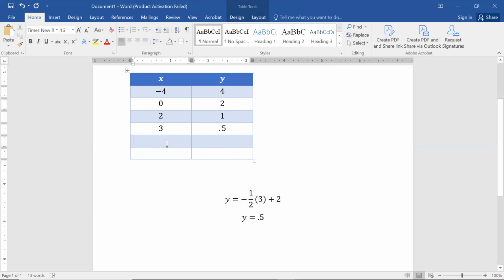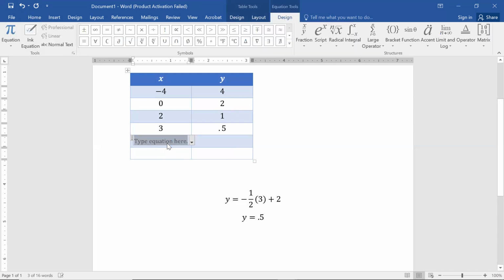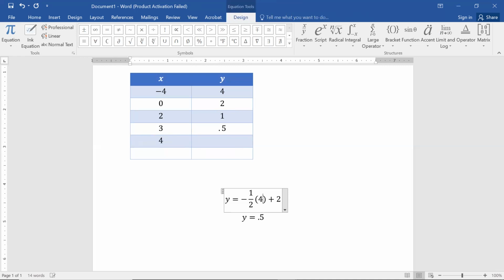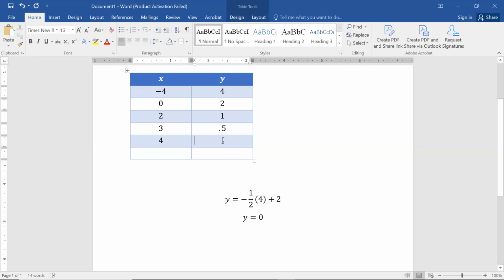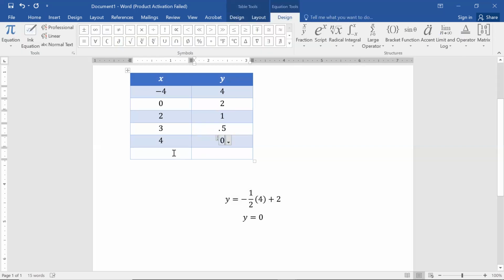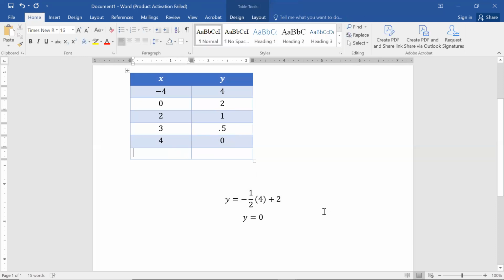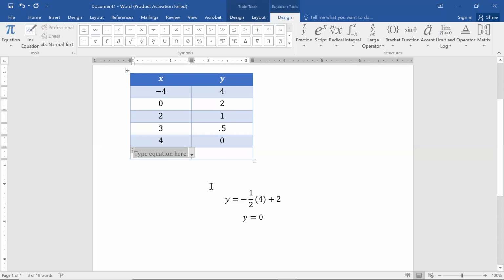Let's plug in another x value. Let's plug in the x value of a positive 4. If I plug in the x value of positive 4, negative 1/2 times positive 4 plus 2 gives a y value of 0. And then let's plug in, let's say, a positive 6.